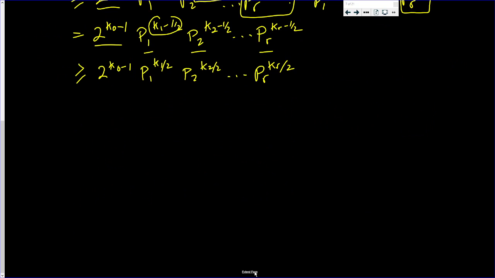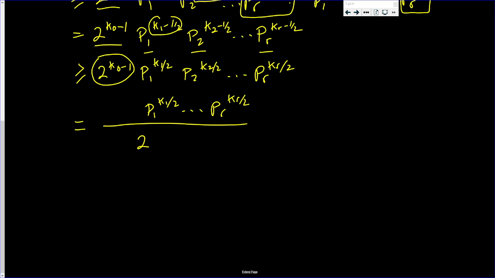Now, I'm going to write equals. I'm going to divide the bottom by 2. So I still have p1 to the k1 over 2, all the way up to pr to the kr over 2. But if I divide the bottom by 2, I have to multiply the top by 2.